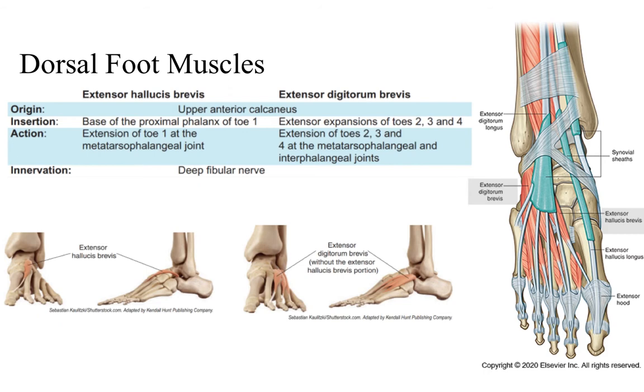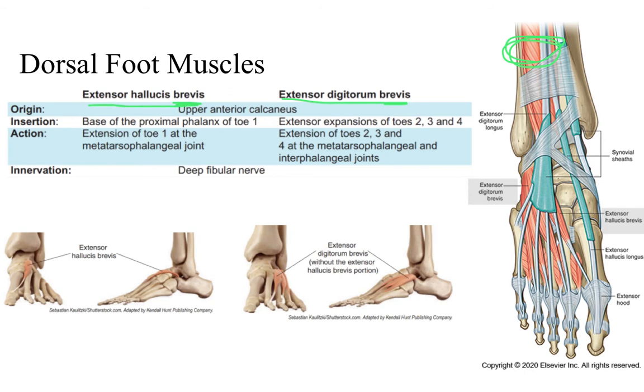So what I want you to notice about these first two, the extensor hallucis brevis and the extensor digitorum brevis, you've seen these names before, only the muscles were up here in the anterior compartment of the leg, the extensor hallucis longus and the extensor digitorum longus.